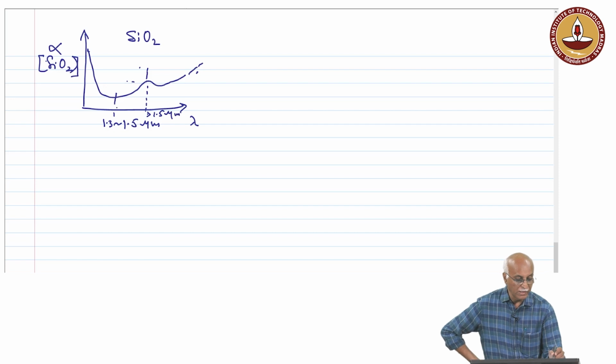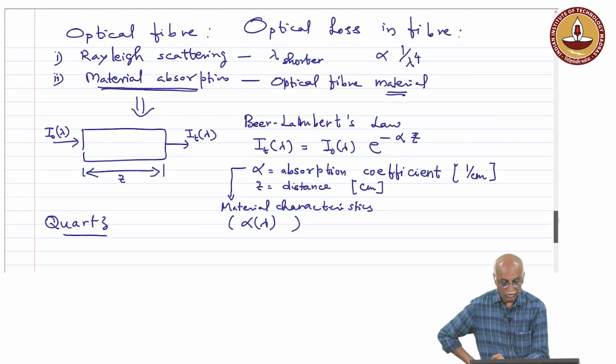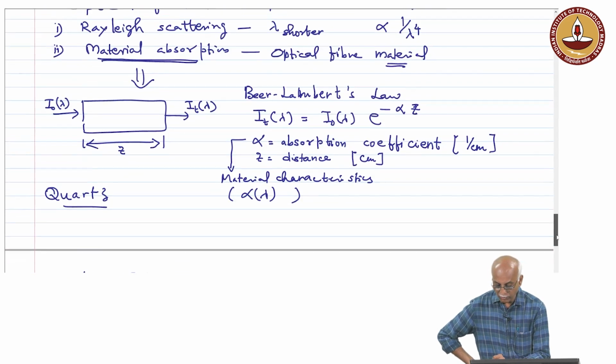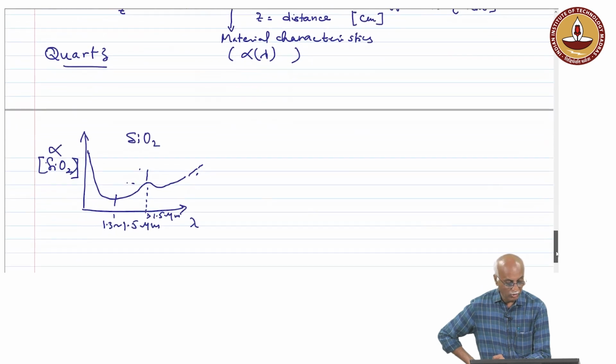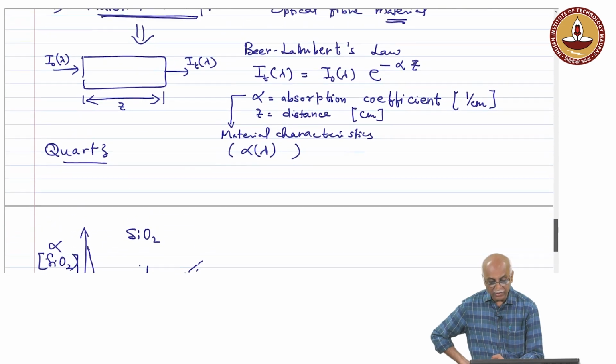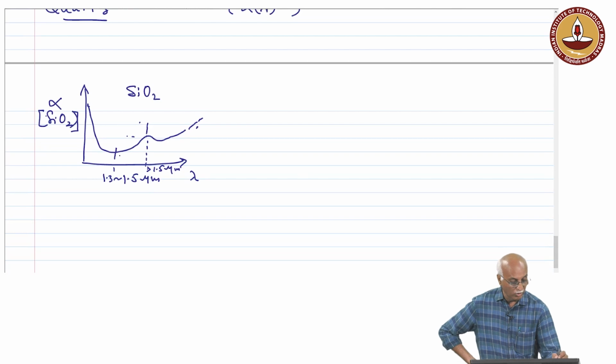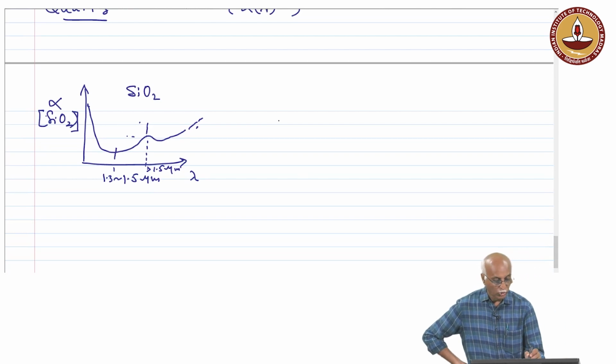So, what it means is if the optical wavelength of the light is short enough, two aspects come into picture: Rayleigh scattering is large, as well as the absorption parameter is large, and losses are large, okay. But as the wavelength increases, the Rayleigh scattering starts decreasing and even absorption is also decreasing, okay.